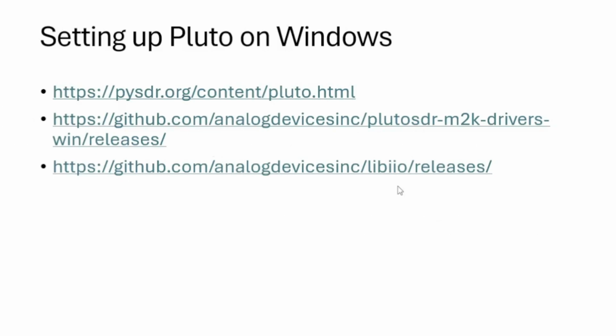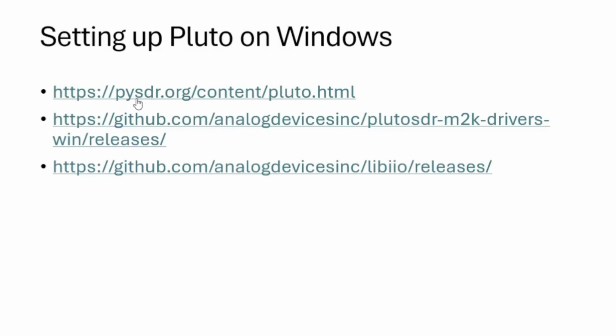Also, you need a library, I think it's libiio, to interact with different SDR ICs of Analog Devices in Python. When you go to these GitHub pages, you can access the latest releases. Also, these drivers are available for other operating systems, Linux or Mac.